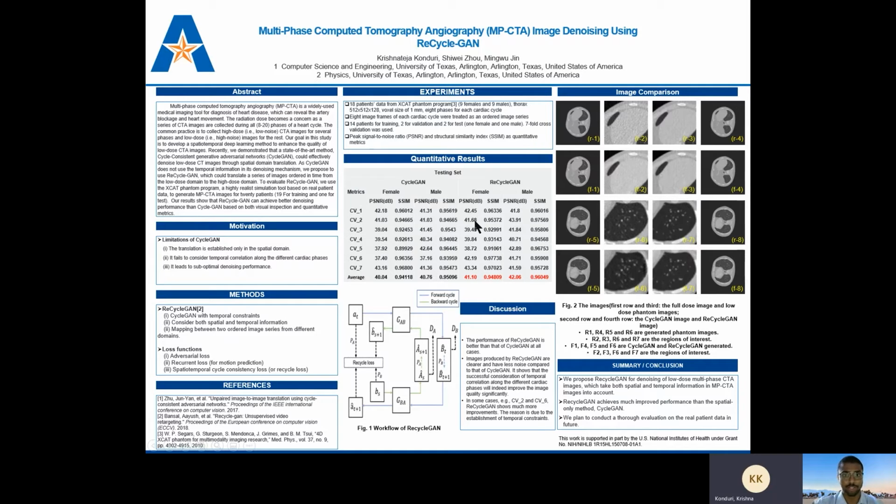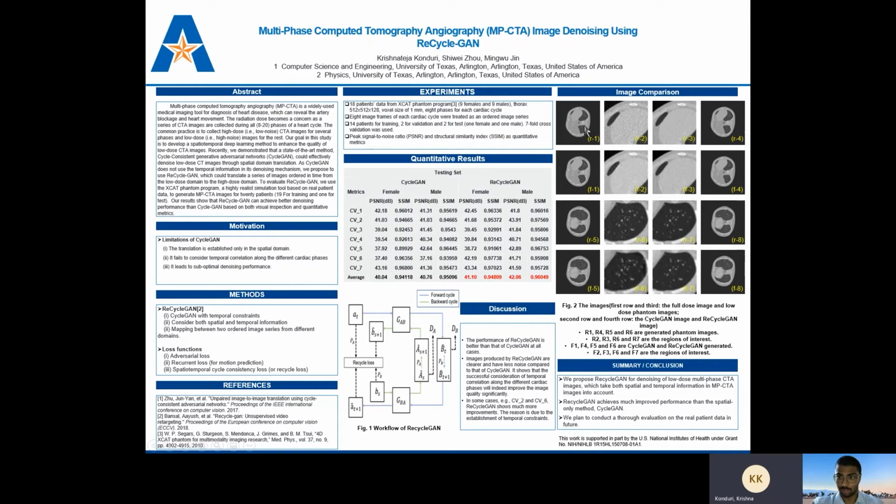And the SSIM values measure how closely the generated image is related to the real image. Therefore, the closer to 1 the SSIM value is, the better the generated images are at retaining their original artifacts. As you can see, even in the averages, RecycleGAN outperforms CycleGAN by a significant amount. Now we can go to the image comparison.